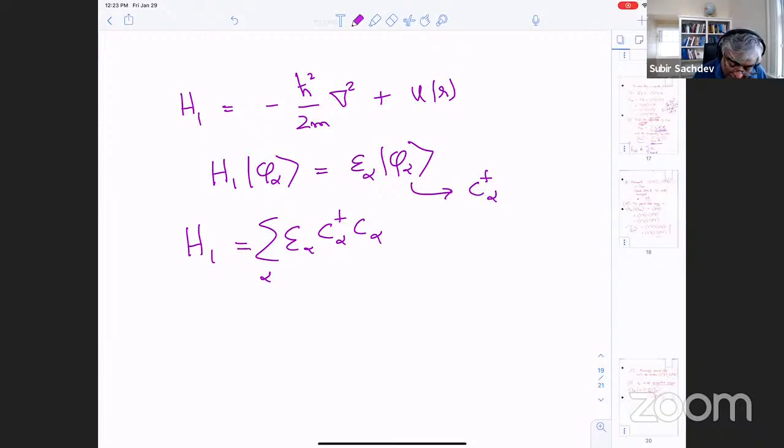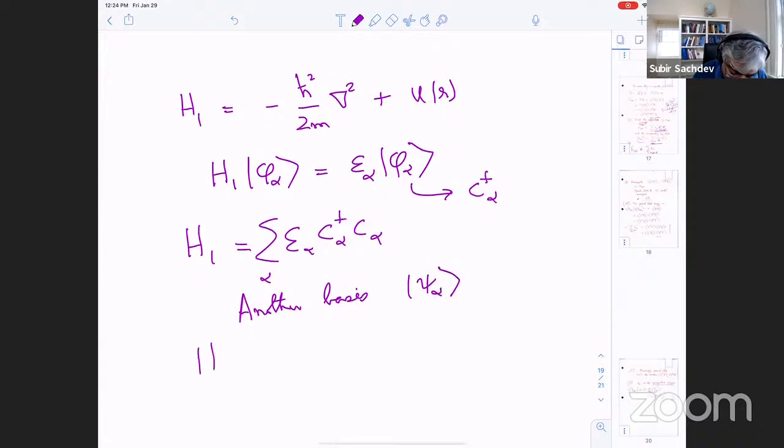Suppose I had another basis of states, let me call them psi alpha. These are some other wave functions. What is my H1 in this basis?